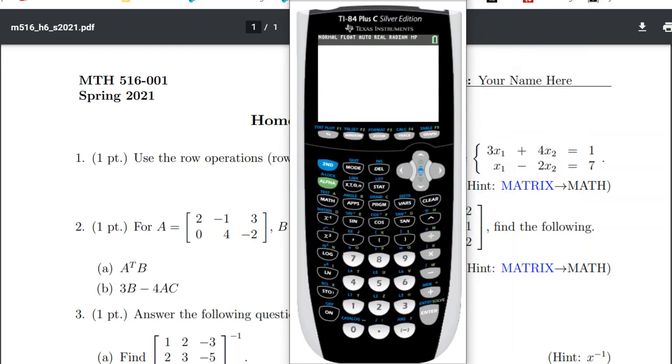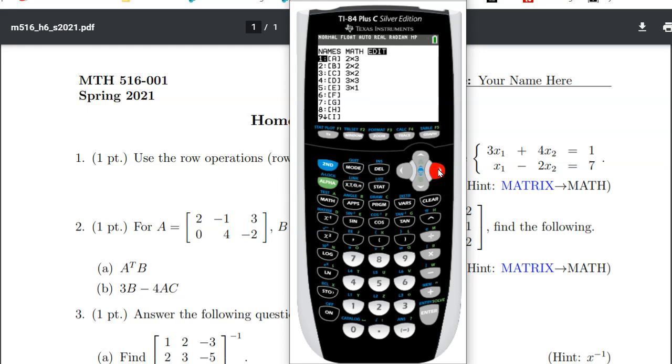What we're going to do is create a matrix corresponding to this system of linear equations. So we go to second, then matrix, and we want to edit, so we go to edit.